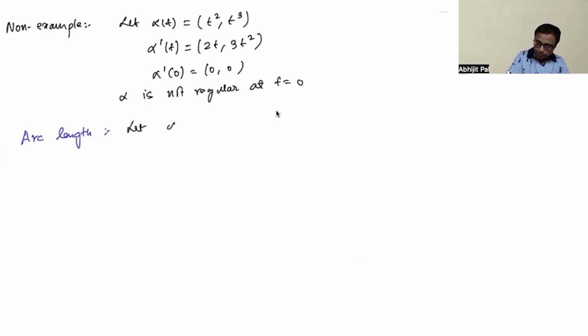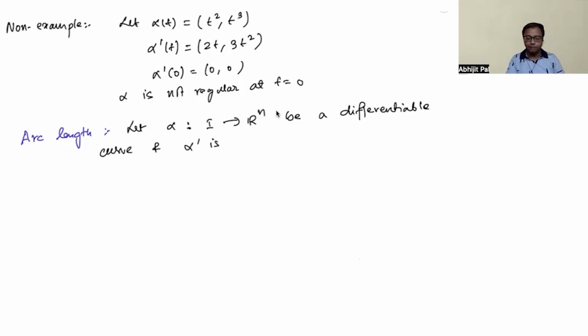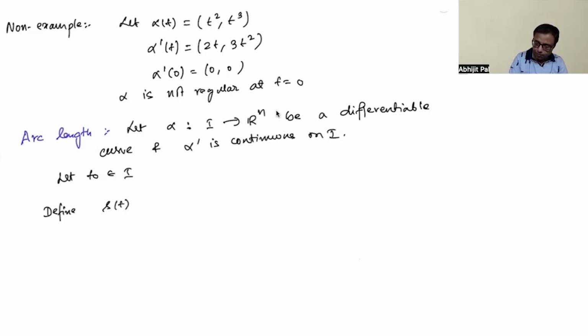Let alpha from I to Rn be a differentiable curve, and let us also assume that alpha prime, the derivative of alpha, is continuous on I. Now let us fix a point t naught belonging to I, and define s of t to be equal to the integral from t naught to t of the norm of alpha prime t dt.